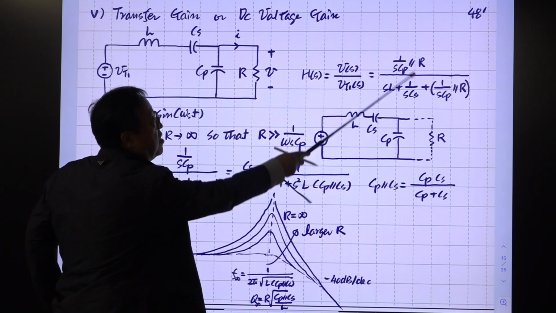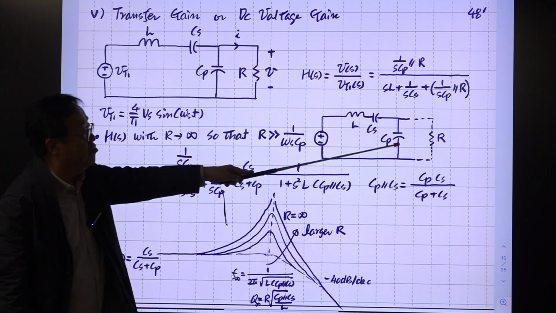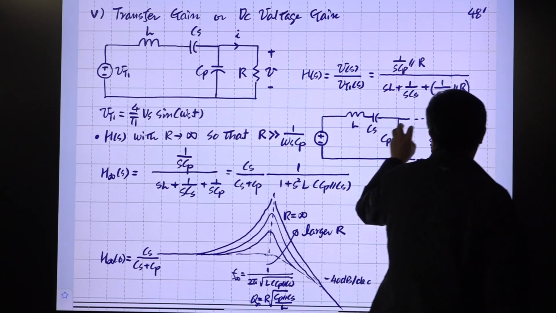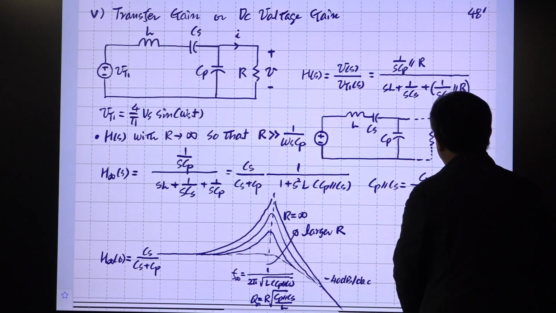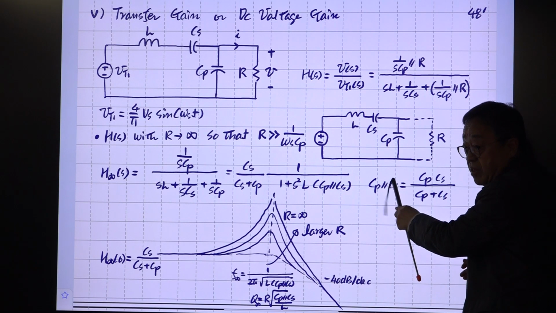This one is very easy to analyze if you use the asymptotic approach. The asymptotic approach means you use one curve for very large R, okay. Assume this R is approaching infinity, then this value will be very large, this value will be large, then the parallel combination of the reactance of this and the resistance of this disappears, so you have this one, okay?